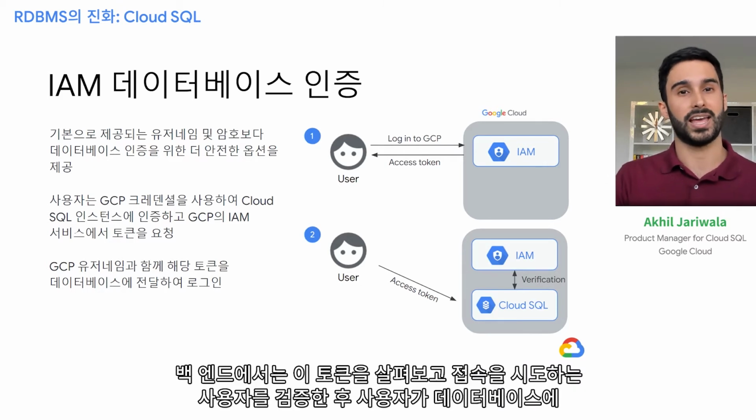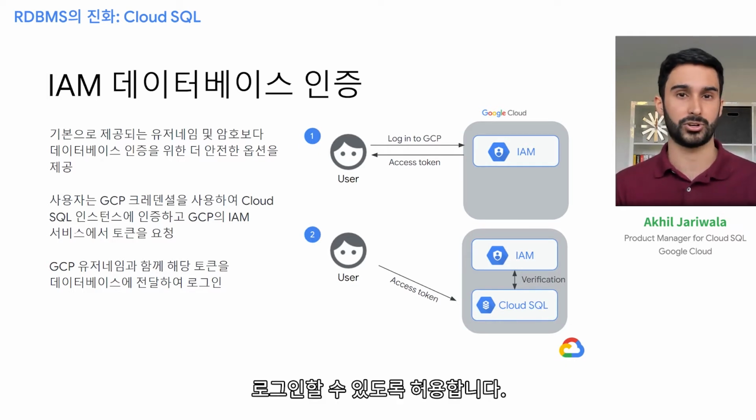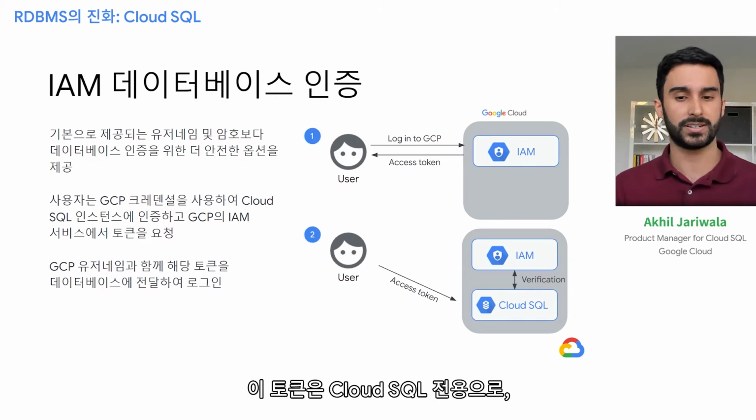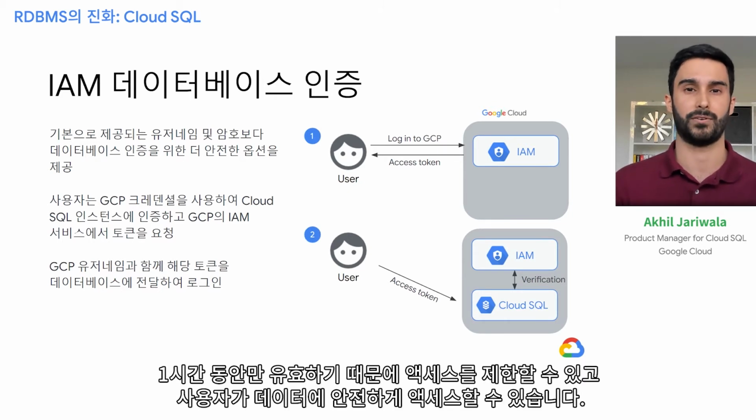In the back end, we take a look at that token, we verify that the user is who they say they are, and we allow the user to log in to the database. The tokens are specific to Cloud SQL and they are only valid for an hour. So we can ensure that the access is restricted and that the user can access the data securely and safely.